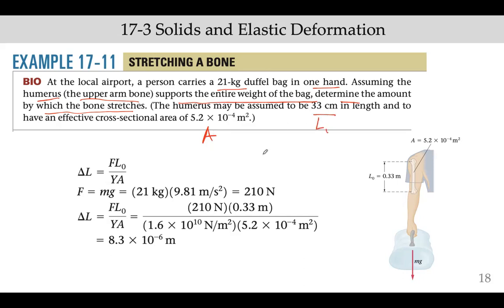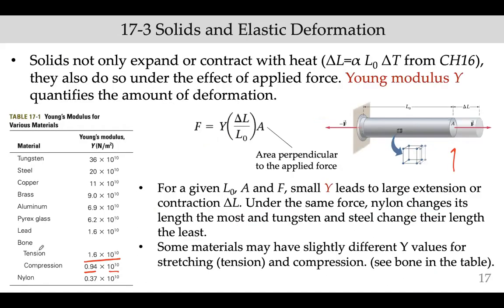So this is L0. And we can find the force, because the force on this bone will be basically the weight of the bag. So 21 times the gravity of Earth, which is 210 newtons. We know force, we know L0, and we know Young modulus from the table. This is stretching, so let's go back to the table. I have to use the tension, not the compression. So 1.6 times 10 to the 10th.